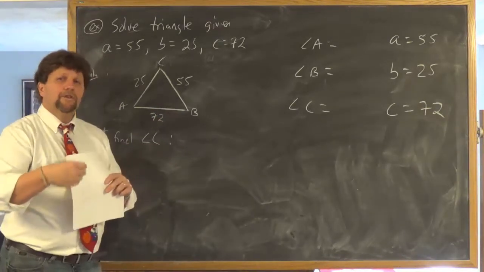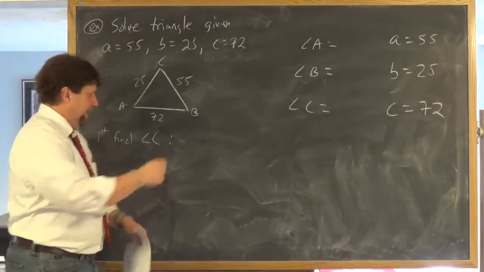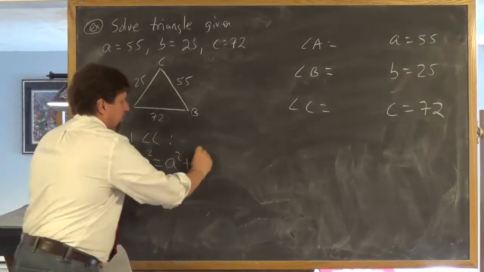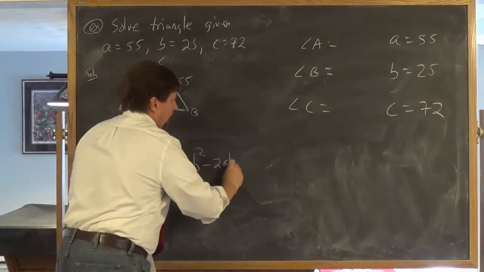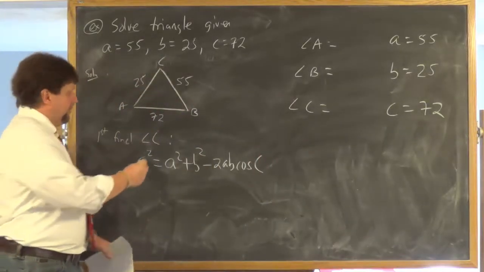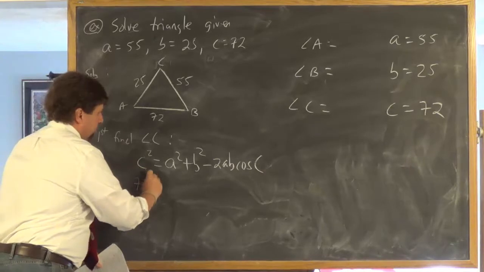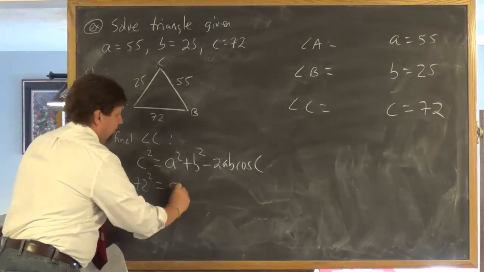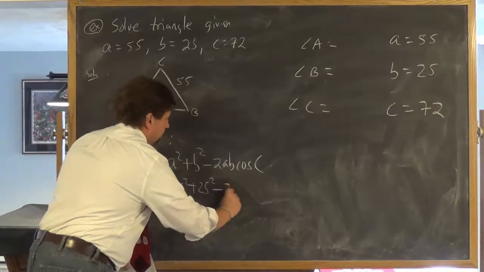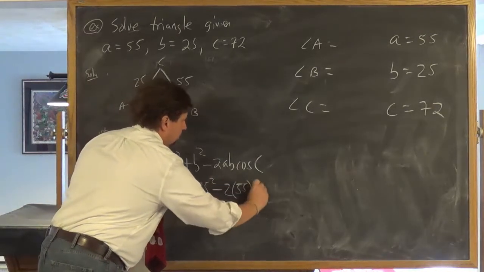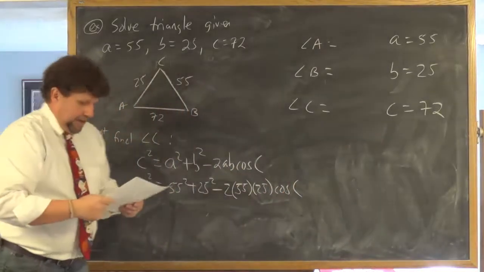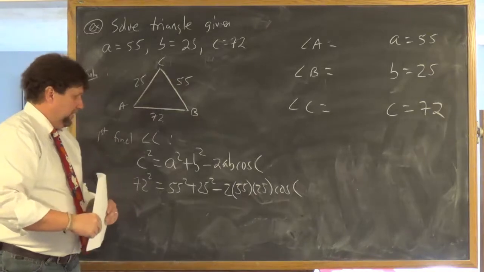Well, I'm going to use the version that involves cosine of C. That means I'm going to be using c squared equals a squared plus b squared minus 2ab cosine of C. Now let's substitute in what we know. c is 72, a is 55, b is 25. Oh boy, now we have to solve this equation.